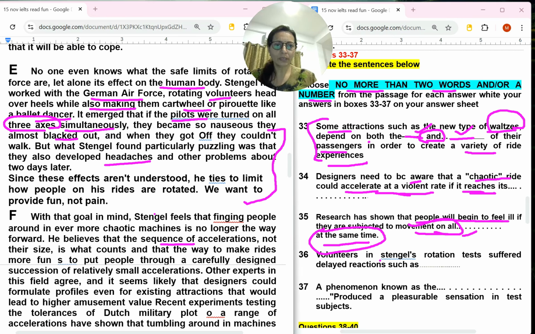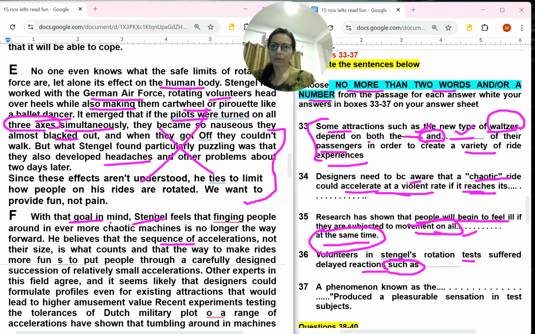Now next, volunteers in Stengel's rotation test suffered delayed reactions such as, meaning called as, like as, defined as. Let's find this also. With that goal, so this paragraph is gone. Now let's find Stengel here.